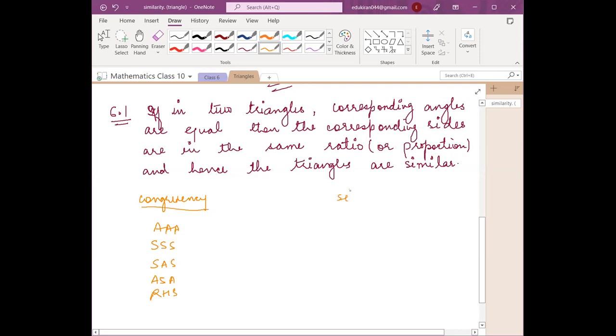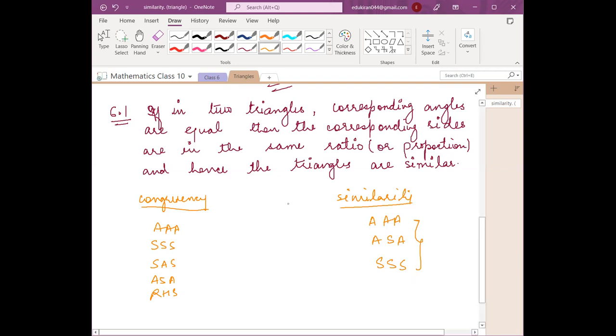Similarly for similarity, if we want to show that two triangles are similar, there are certain criteria: AAA, then SAS, then SSS. These three criteria can also be used to prove the triangles are similar.